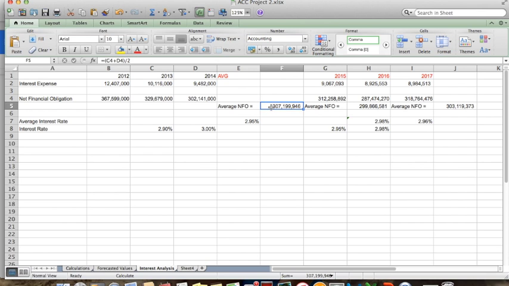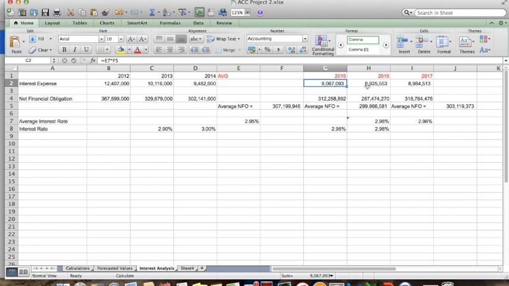Once you have found the average net financial obligation, you simply multiply the forecasted average net financial obligation, which is the 307 million, times the 2.95%, and that gives you about 9 million. And that is the last step in finding the forecasted net interest expense, and you just continue to follow each of those steps for each year.